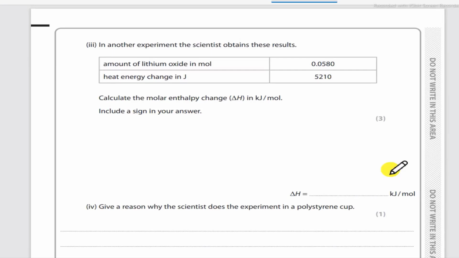In another experiment, the scientist obtains this result. Amount of lithium oxide in mole, 0.0580, heat energy change in joule, 5210 joule. Calculate the molar enthalpy change delta H in kilojoule per mole. Include a sign in your answer.